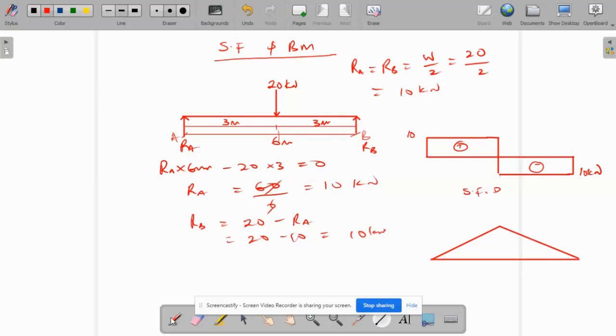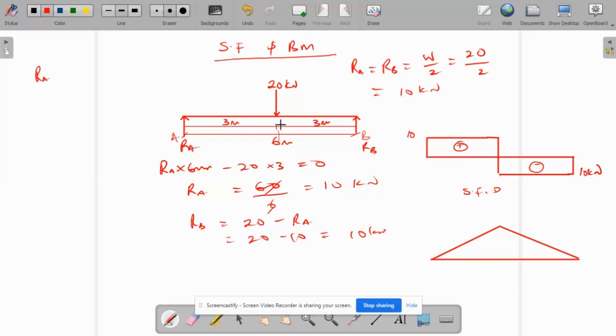Let's go to our expression. Our bending moment at the center, which is the maximum, is at 3 meters. So let's find it. For our expression here, we know that we can find bending moment at 1 meter, 2 meters, 3 meters, and up to 5 meters.